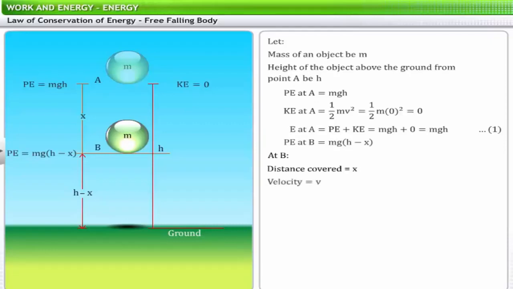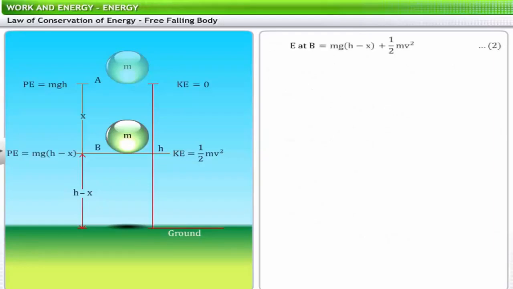Its velocity at the end of this distance is v. The kinetic energy of the body at B is equal to half mv square. The total energy E at B is the sum of potential and kinetic energies at B. That is, it is the sum of mg multiplied by h minus x and half mv square. Let this be equation 2.